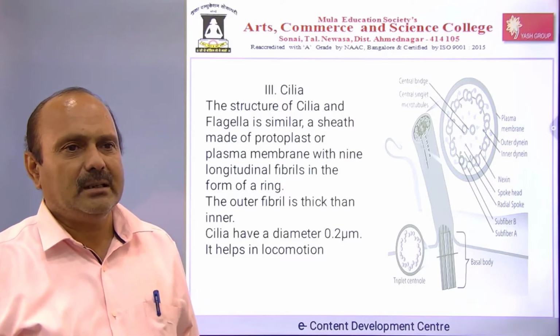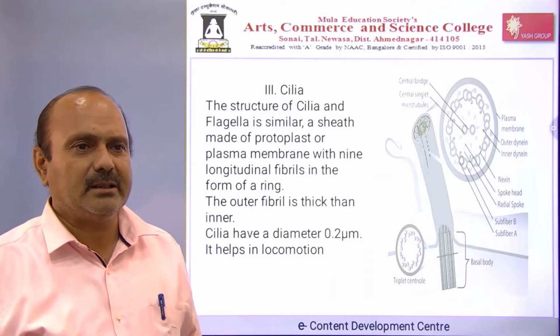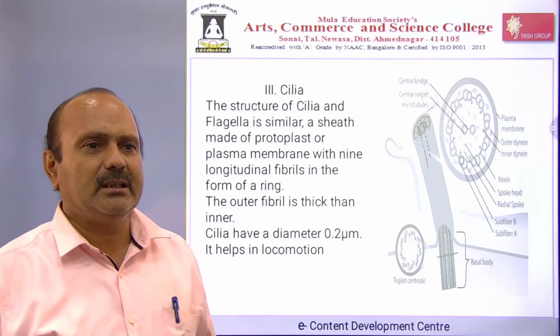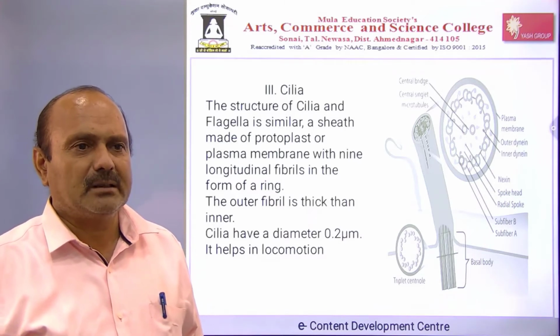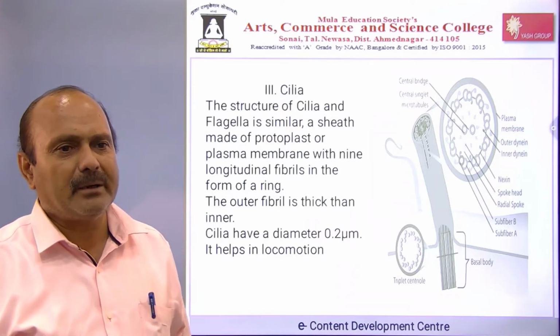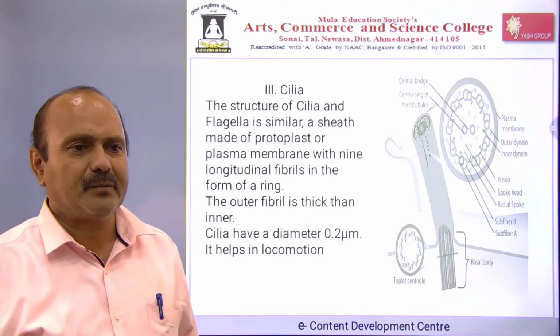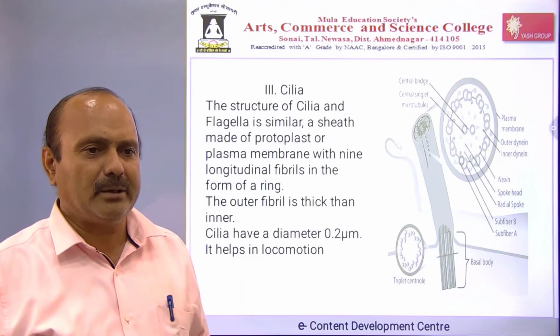The cilia is just like the flagella, an elongated structure, and its sheath is made up of the plasma membrane with 9 longitudinal fibrils in the form of a ring. The outer fibrils are thicker than the inner ones. Cilia have a diameter of about 0.2 nanometer.